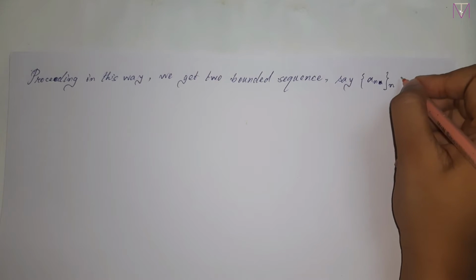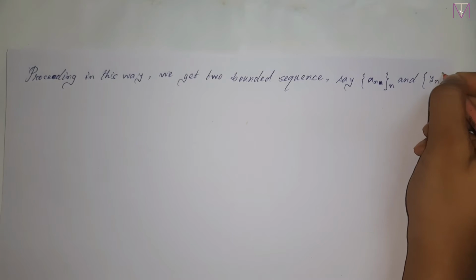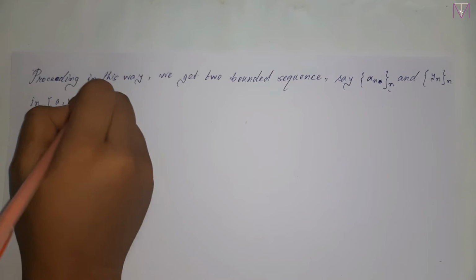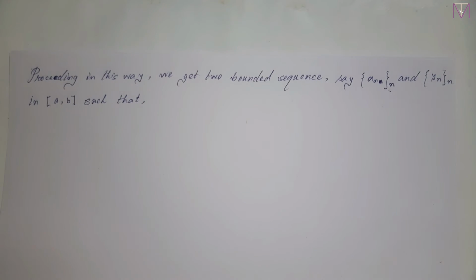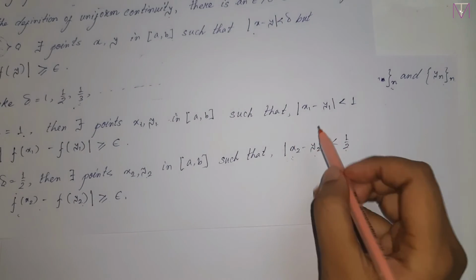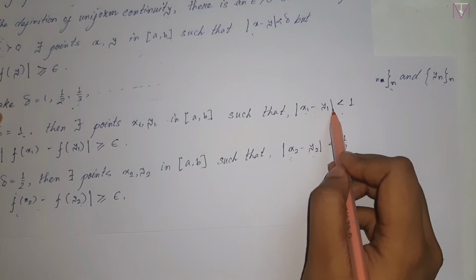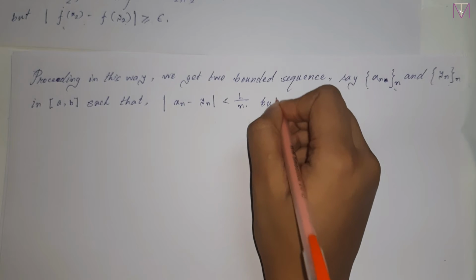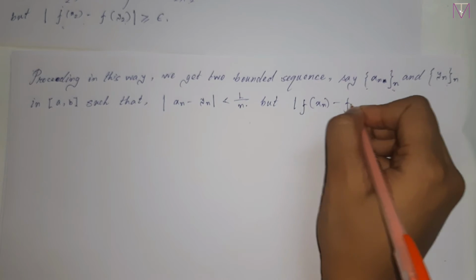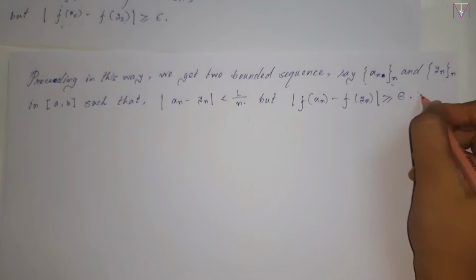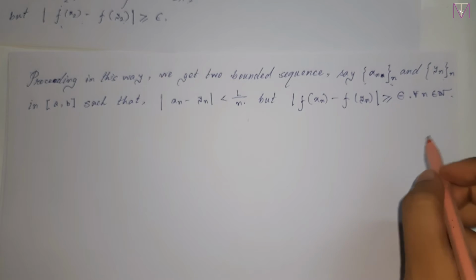Named as xn and yn in [a, b] such that, proceeding in this way, we similarly get |xn − yn| < 1/n, but |f(xn) − f(yn)| ≥ epsilon, where n belongs to the natural numbers.